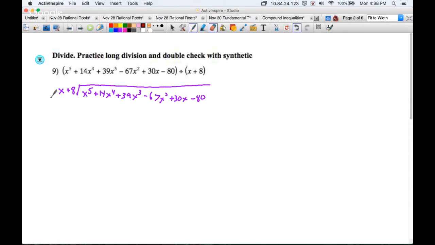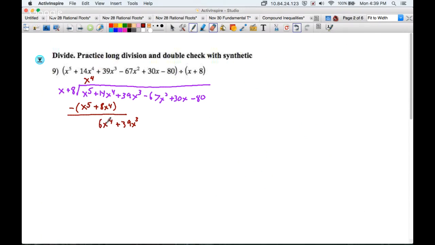All right, first thing, I just focus on the biggest term, which is just an x. To get an x to fit into an x to the 5th, I just have to multiply by x to the 4th. Then I actually do that multiplication. I get my x to the 5th, but I pick up an extra 8x to the 4th. Subtract that away, and we're going to get 6x to the 4th, drop down the next term, plus 39x cubed.